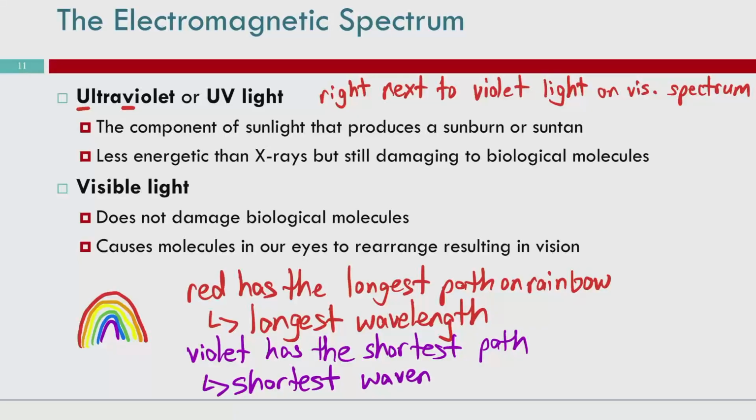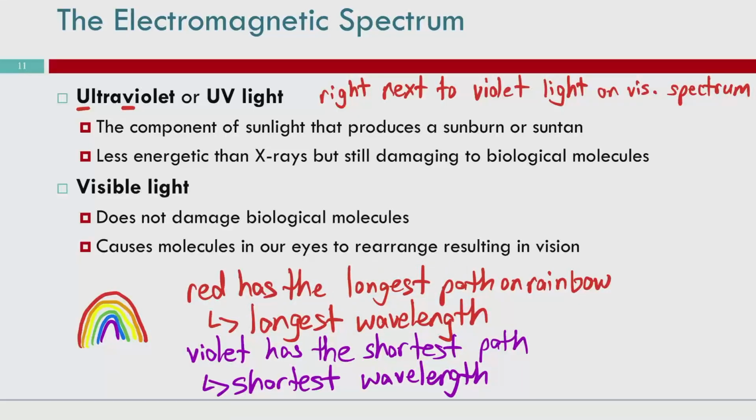This is one, I think, easy way that we can remember our order for wavelength. And then if we also remember that wavelength and energy are inversely related, when one goes up, the other goes down, that would help us remember that red, since it has the longest path, it has the longest wavelength, it's going to be the lowest in energy.